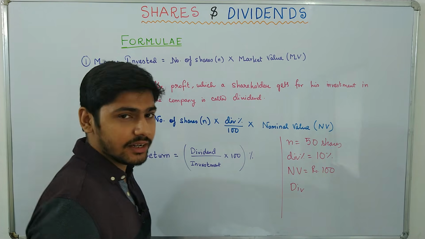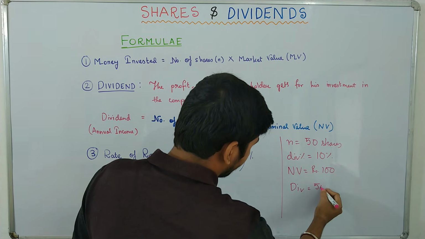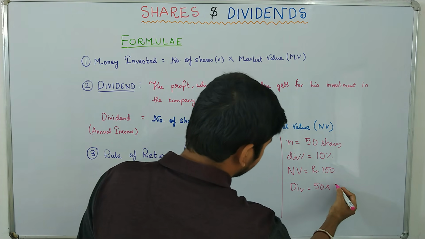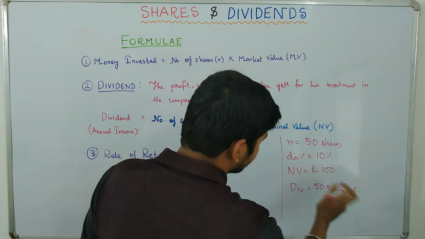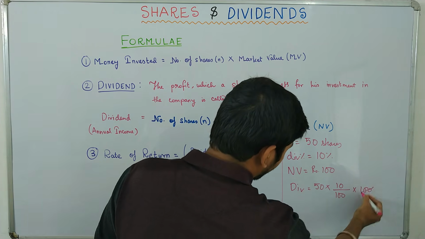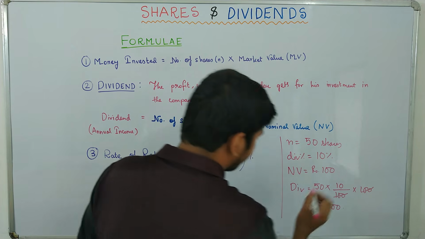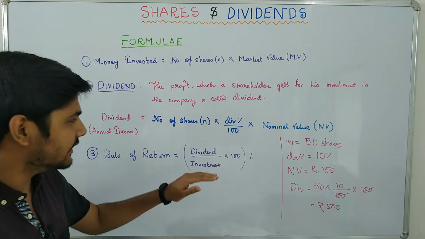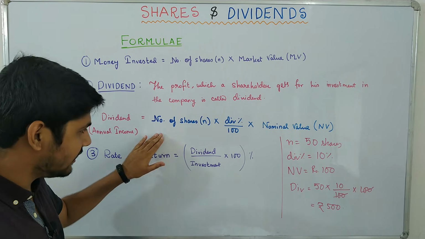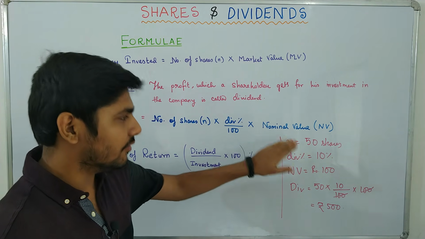Dividend or annual income is equal to number of shares N, which is 50, into dividend percent, that is 10, divided by 100 into the nominal value, which is rupees 100. So we get the dividend is equal to rupees 500. I hope it's easy to understand. The formula of dividend is also very easy. It is number of shares N into dividend percent divided by 100 into nominal value NV.